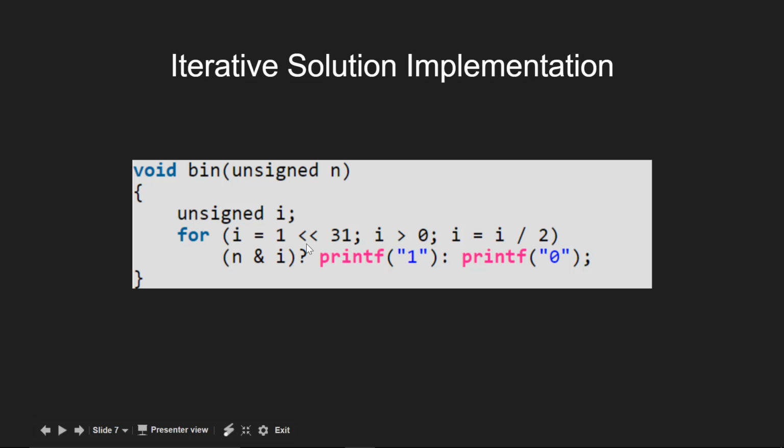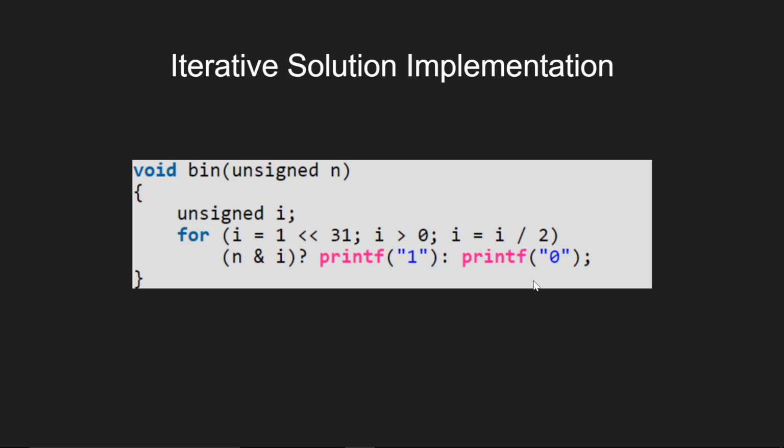The loop begins with i equal to 1 left shift 31, that is a 32-bit integer with only its leftmost bit set. And the loop ends at i equal to 1, that is a 32-bit integer again with only its rightmost bit set. In each iteration, the position of the set bit in the integer i checks the corresponding bit in the given integer and prints 1 if it is set, else prints 0.